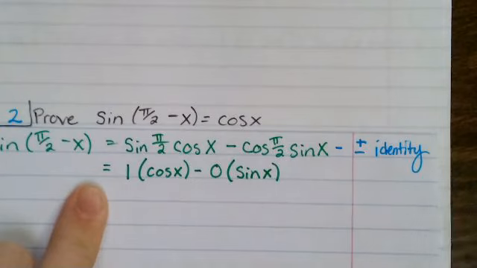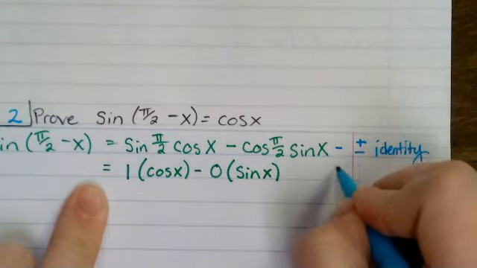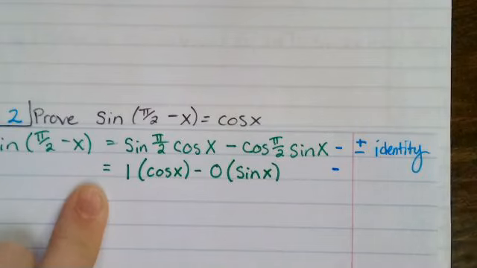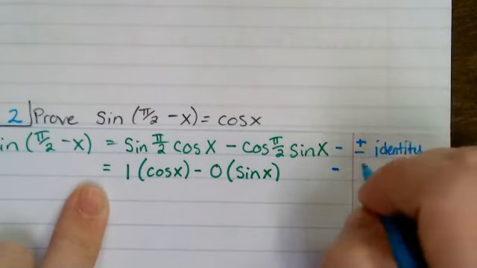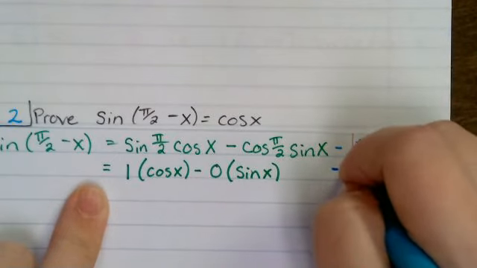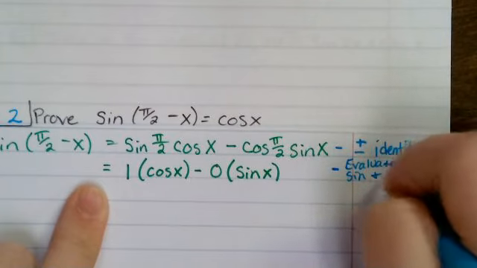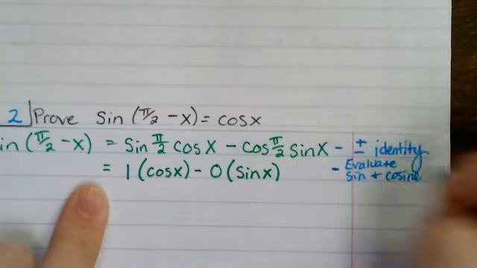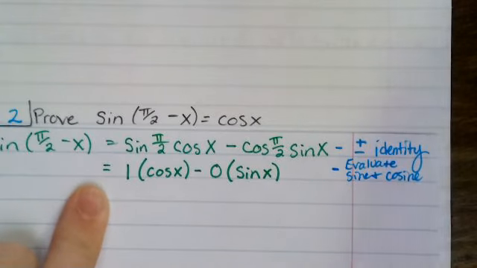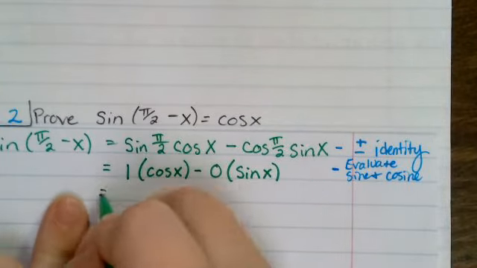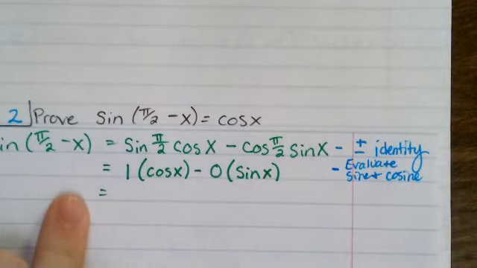All we did there, as far as properties, is we evaluated sine and cosine. All right, next step, we're going to combine like terms and simplify.